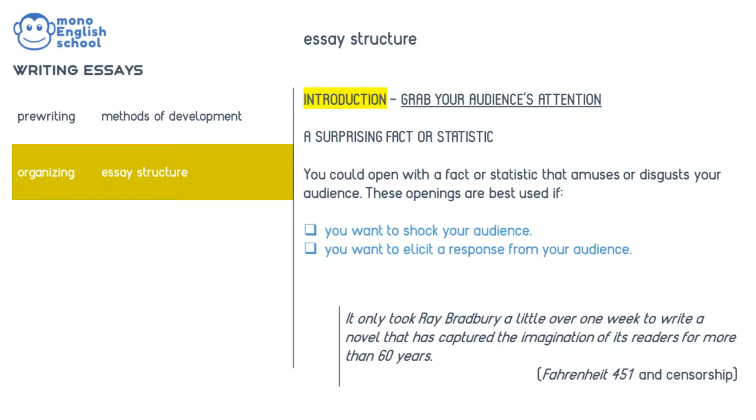Although an impressive feat, this is not a dramatic, surprising opening. However, its success is that it encourages the reader to ponder why the book is still relevant today. Why do people continue to read a book about censorship that was written more than 60 years ago?